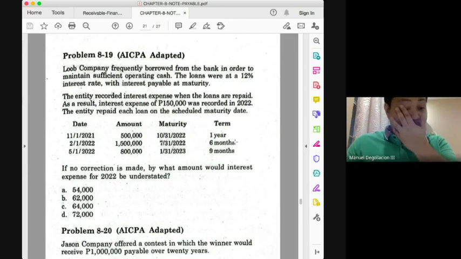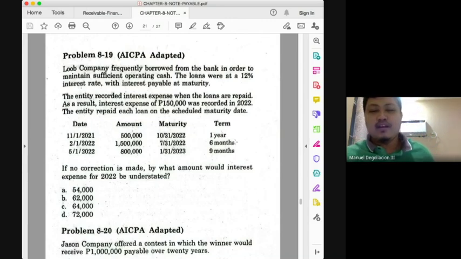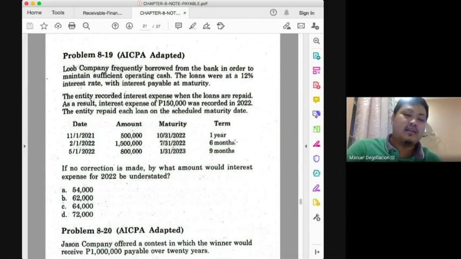Okay, so if the problem asks how much is the correct amount of interest expense for this year, it should be 204,000. But what was recognized was only 150. Okay, so that means the interest expense is understated by 54,000.